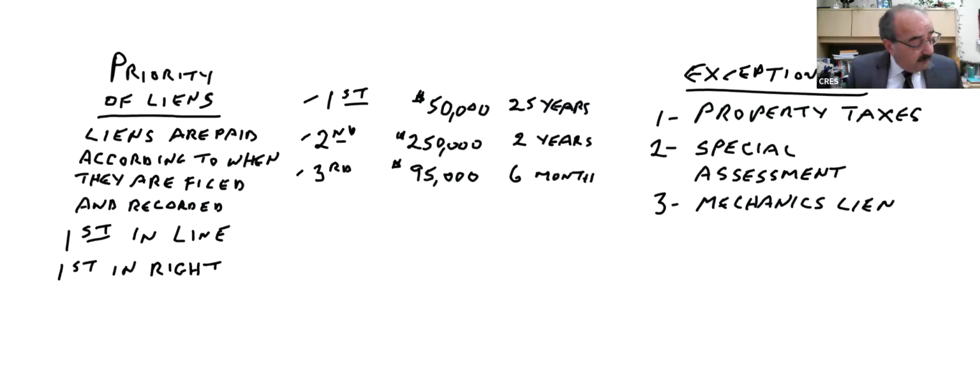Now, I want to do a couple tax problems with you. Chances of seeing these on the state exam are going to be 100%. So I'm going to clear my board up again. I'm going to get a new slate. And I want to do a couple tax problems.